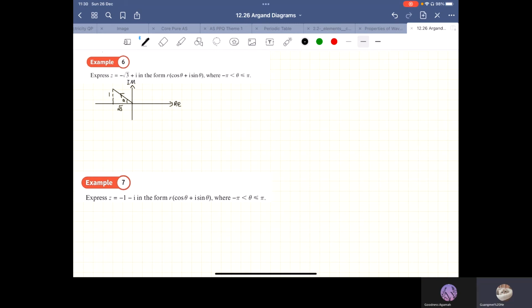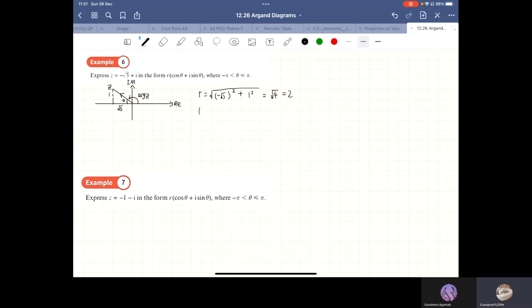This will be our A, this is our argument of Z, and this is z. Let's find our r first. So this will be the root of (-√3) squared plus 1 squared. So the same way we would have found the modulus. This is equal to root 4, so equal to 2.